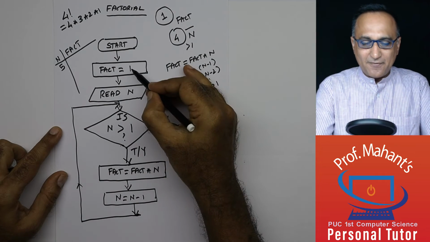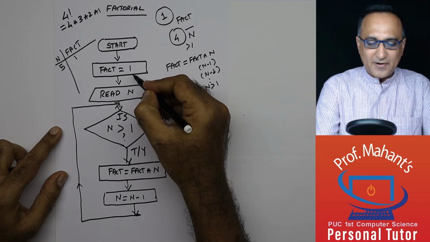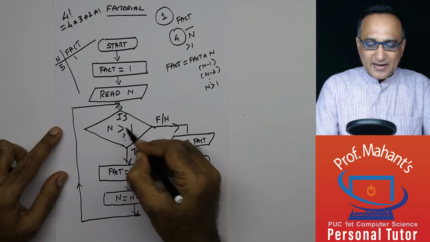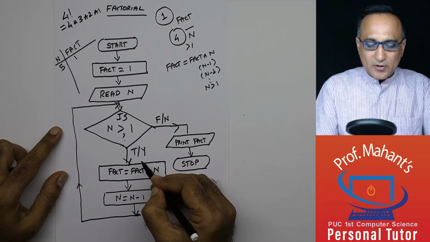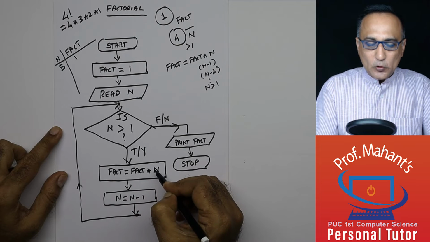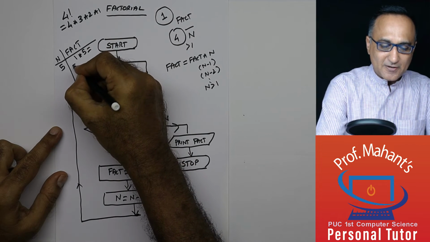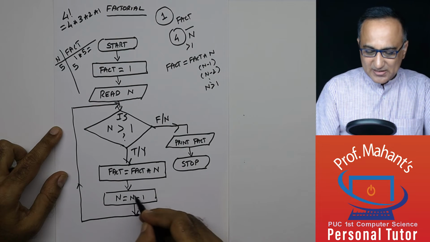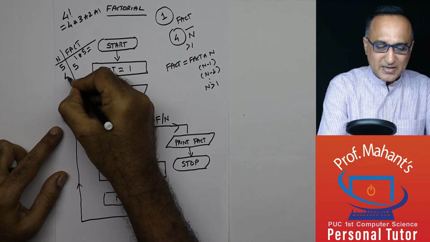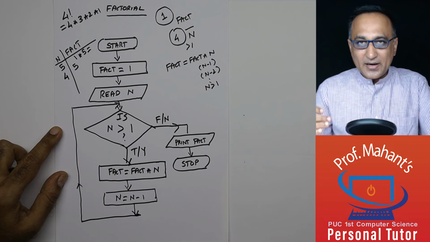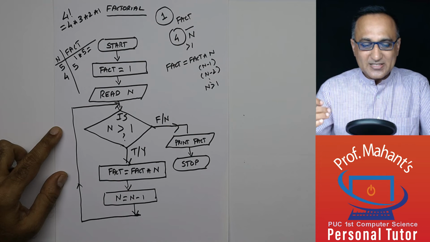Fact is 1, n is 5. 5 is greater than 1 is true. Fact is 1 into 5, so fact becomes 5. Now n is reduced by 1 because next time I need to multiply the current value of fact with 1 less than the value of n.